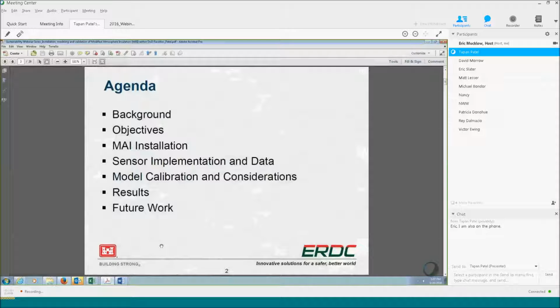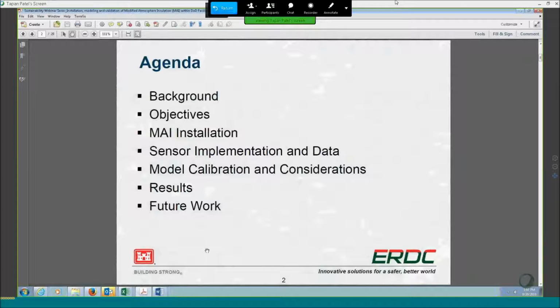I'll talk a little bit about the installation process, what we need to consider or think about when we're installing these panels, and then I'll go into some details on the modeling and validation process. The goal here, again, is to hopefully give everyone an overview of a start to finish of this technology and some of the considerations that we need to be thinking about when it comes to implementing this technology.